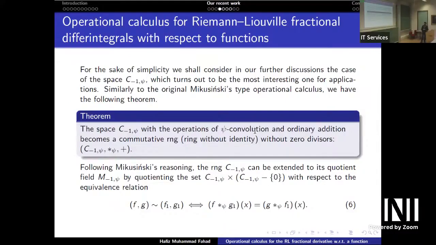Let's try to find a field extension of this ring. Following Mikusiński's reasoning, this ring, that is C -1 psi, can be extended to its quotient field denoted by M -1 psi, by quotienting this set with respect to the equivalence relation given in 6.